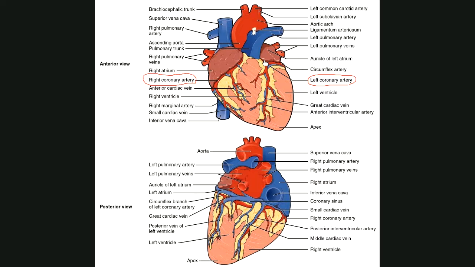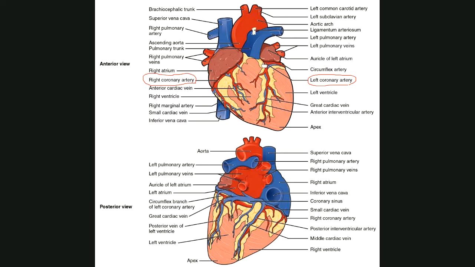In the normal situation, in the body of human or in the body of animal, these grooves are covered by adipose tissue, and this adipose tissue protects the blood vessels which we have here. So this yellow color which you can see here is the adipose tissue which covers these coronary blood vessels. So this is the right coronary artery and this is the left.